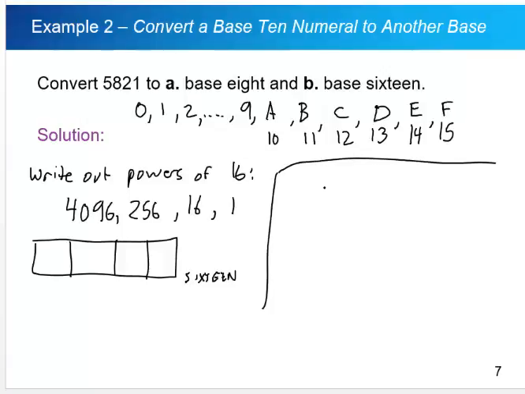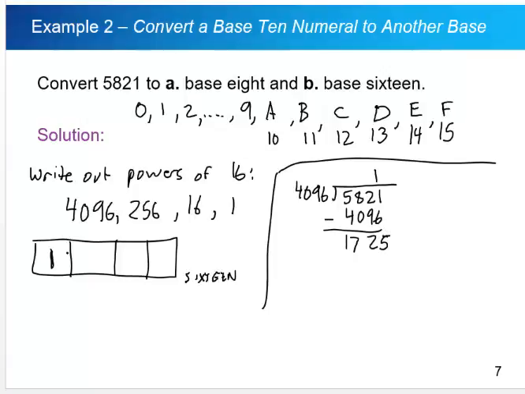So we begin dividing now. I want to know how many 4,096s go into 5,821. And we know from before it's 1, with 1725 remainder.